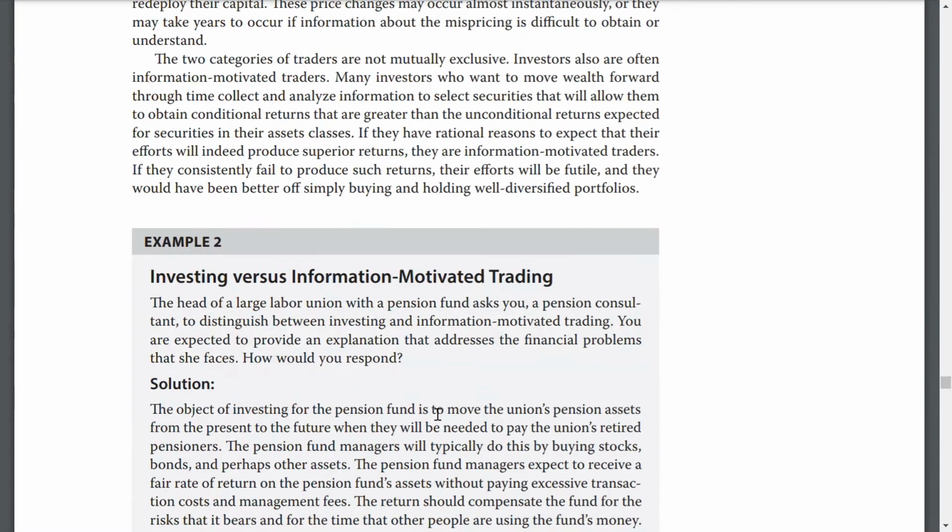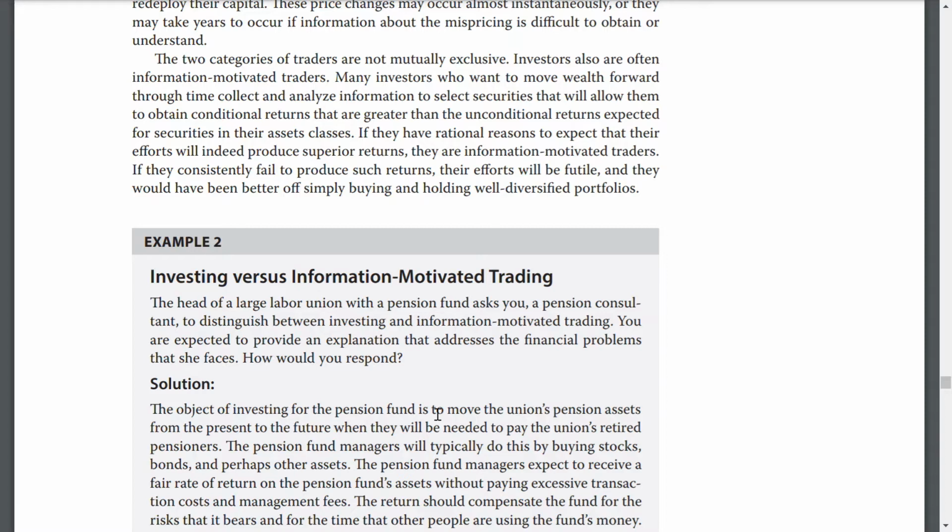The two categories of traders are not mutually exclusive. Investors also are often information-motivated traders. Many investors who want to move wealth forward through time collect and analyze information to select securities that will allow them to obtain conditional returns that are greater than the unconditional returns expected for securities in the asset classes.